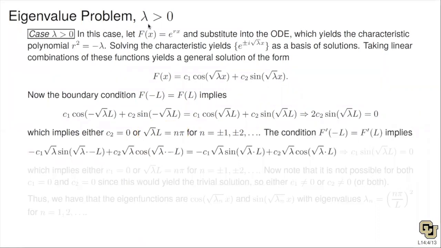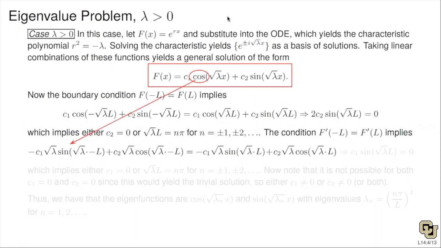The other boundary condition, when you take a derivative, think about what happens. Our cosines and sines flip-flop, and you get an extra root lambda outside. So here, what was a cosine before has now become a negative sine down here in the derivative.